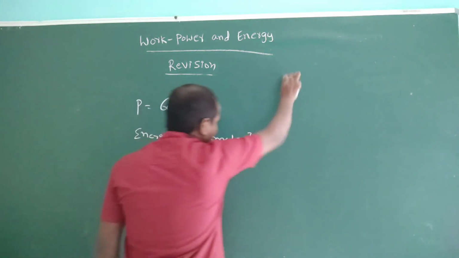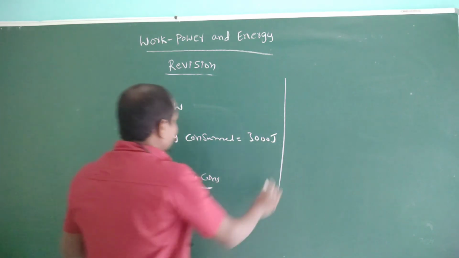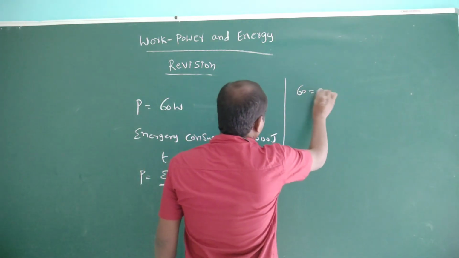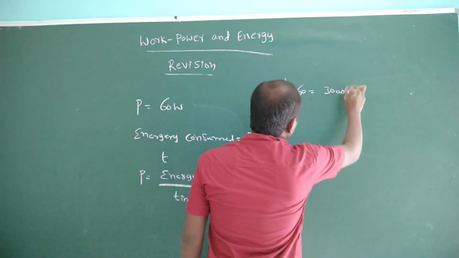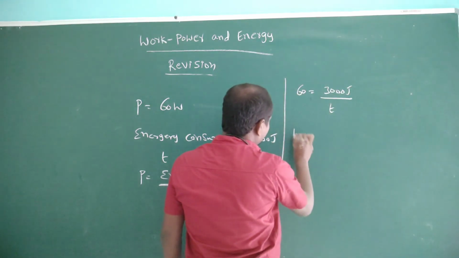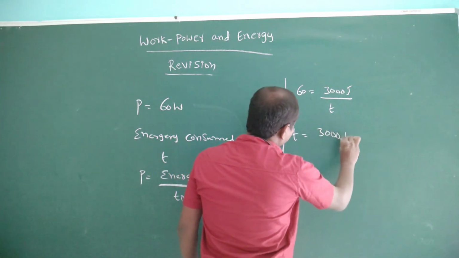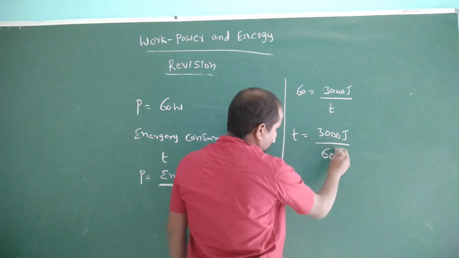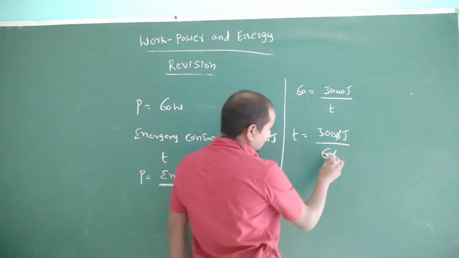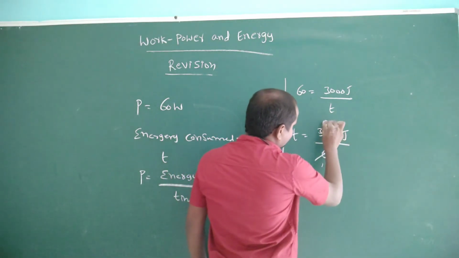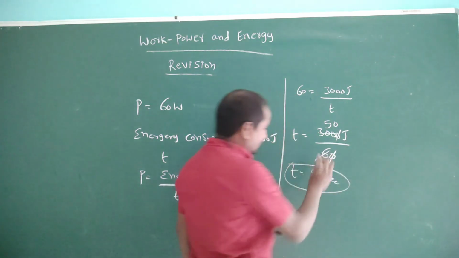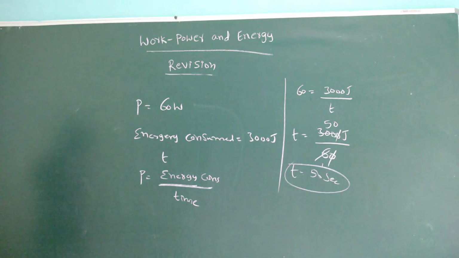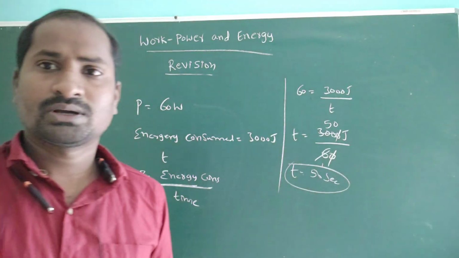Our aim is to find the time. Power 60 is equal to 3000 joules by time. Therefore t is equal to 3000 joules by 60 watts. The zeros cancel, 6 fives are 30, so t is equal to 50 seconds. These are the examples for power. Okay, thank you.